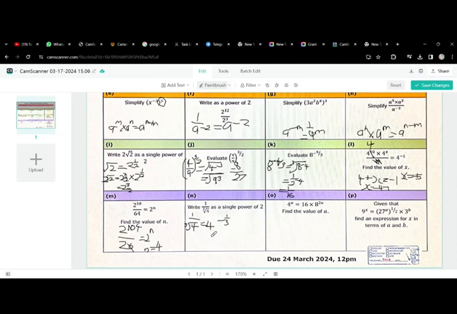Now we turn this 4 into 2, which is 2 to the power of 2, to the power of negative 1 over 3. So we'll get 2 to the power of negative 2 over 3, which is the power.